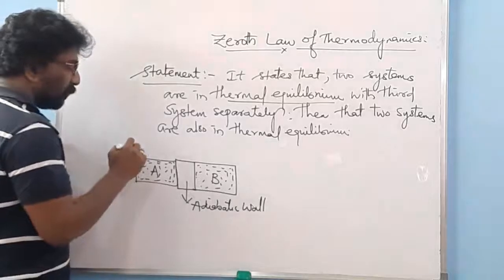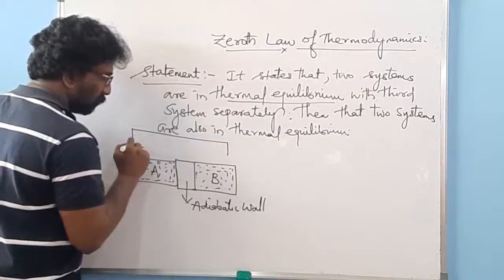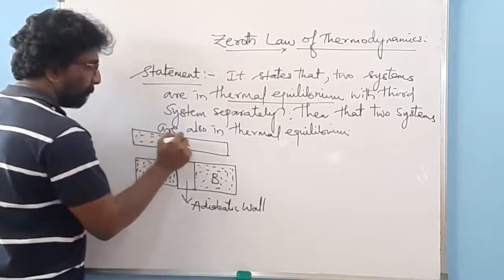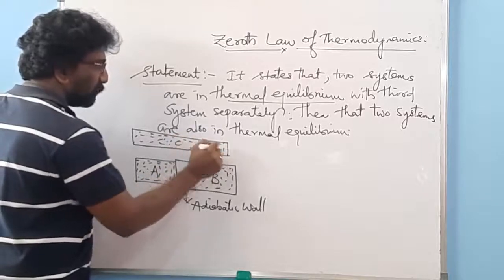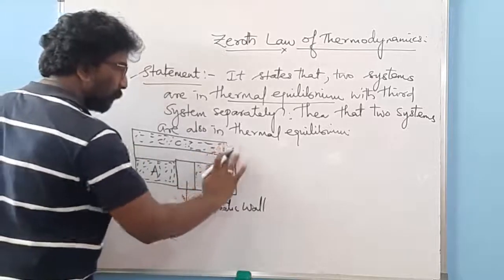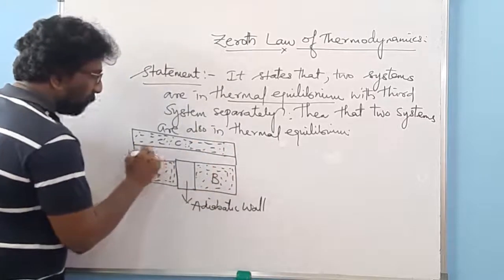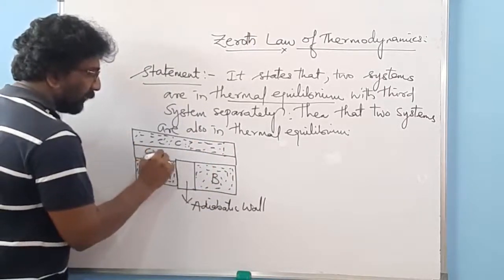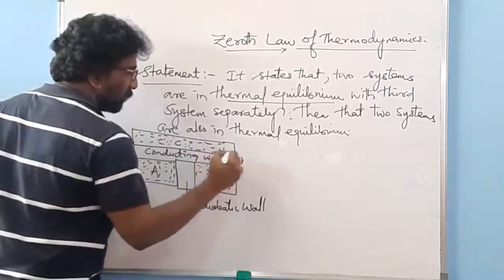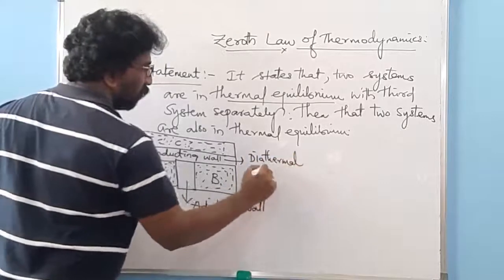Now let me have another system C, which is again composed of some matter, and this system C is connected to two systems by a conducting wall, which we can even call a diathermal wall.